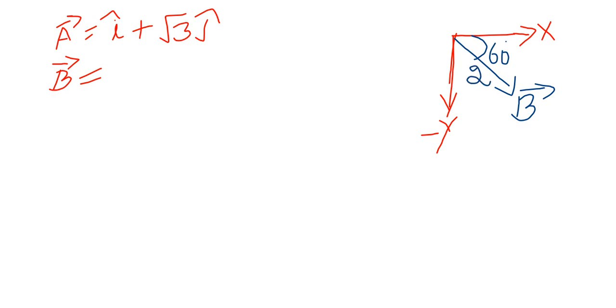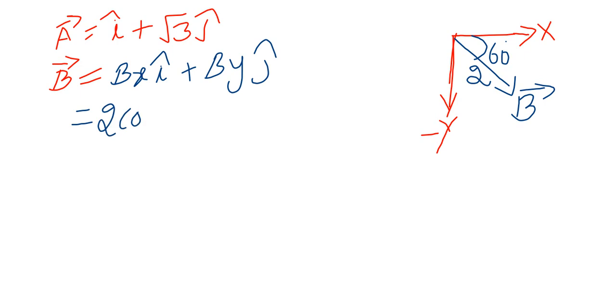So now we can write the vector bx i cap plus by j cap. So just we discussed that bx is nothing but x component, that is 2 cos 60 i cap, by is 2 sin 60 j cap.